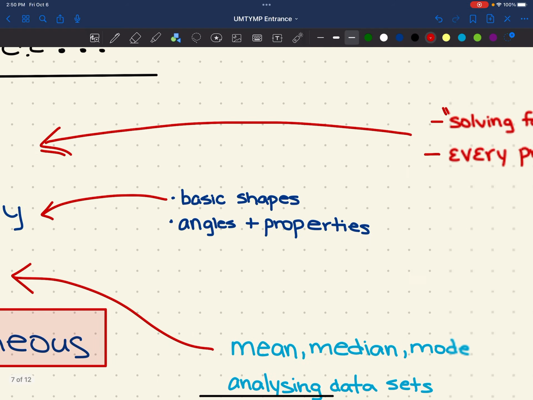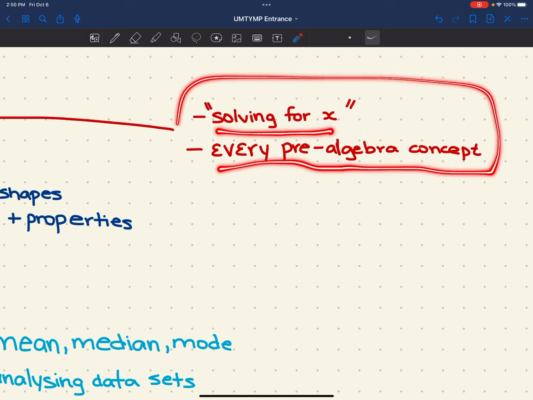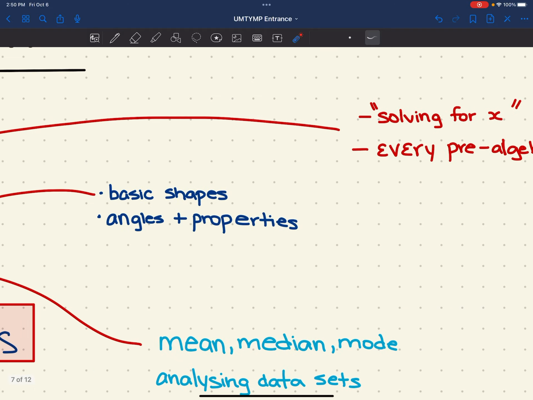For algebra, the topics are solving for x and every pre-algebra concept. So you need to have a basic understanding of pre-algebra, how it works, and how to apply it. I will give materials in the description on what books or resources you can use to help you with pre-algebra.